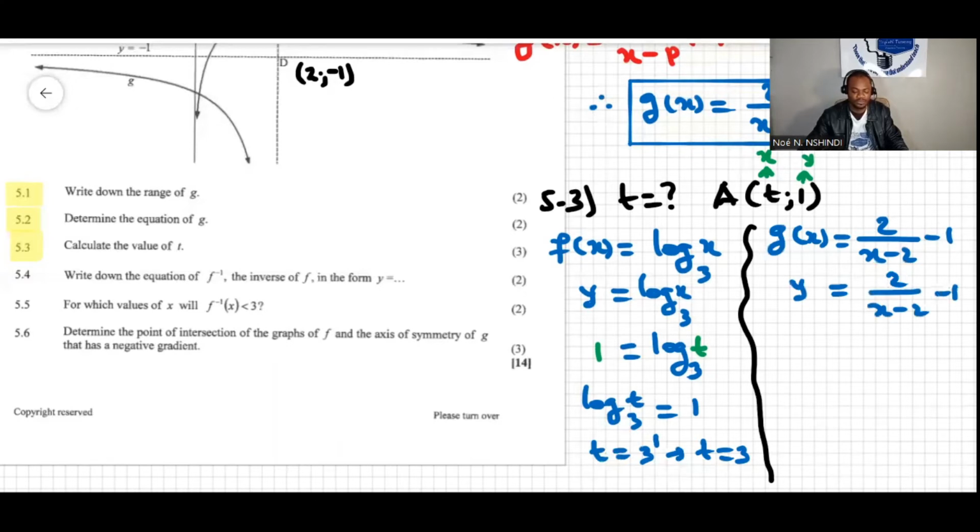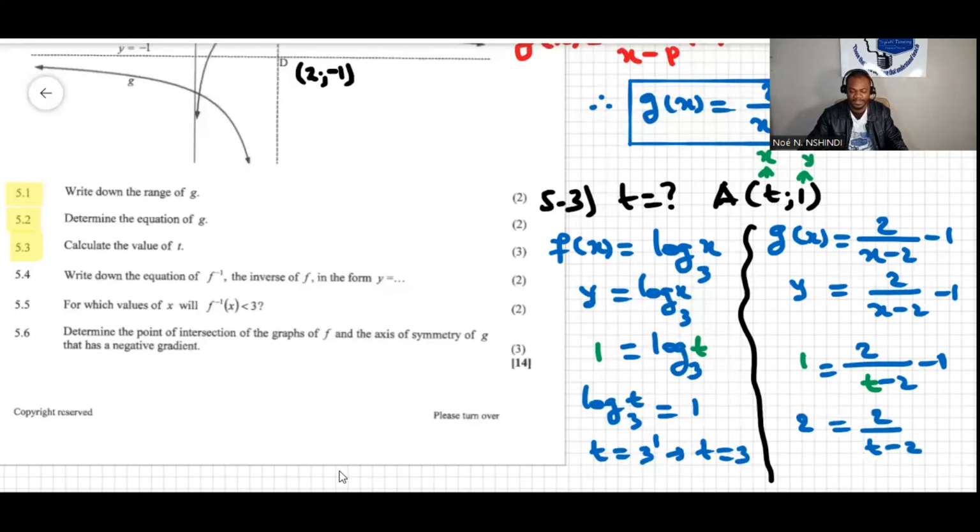We can substitute the value of y, because g of x is like y. As the question says, A is (t, 1), so when y is 1, x will be equal to t at the point A, so it's going to be 1 equal to 2 over t minus 2, minus 1. Now if I move the negative 1 over, that's going to be 2 equal to 2 over t minus 2.